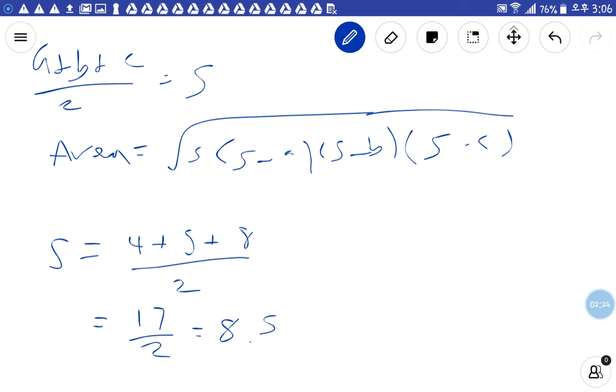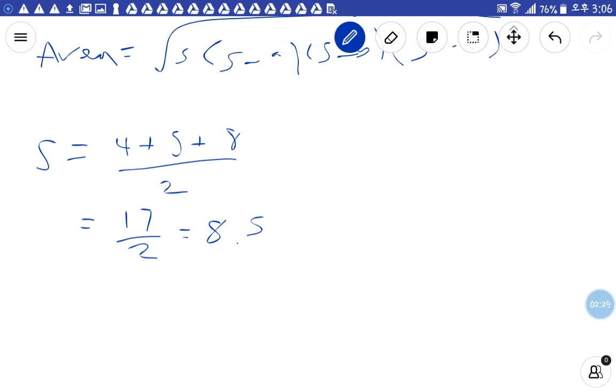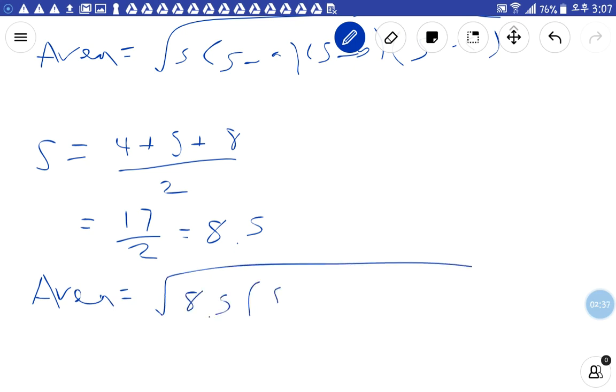Okay? So now I have to plug this number into the formula, which is the square root of 8.5 times 8.5 minus 4, 8.5 minus 5, 8.5 minus 8.